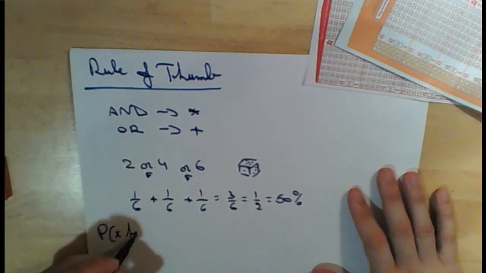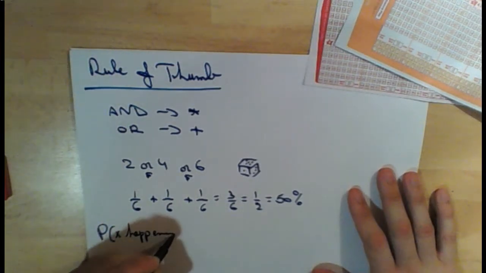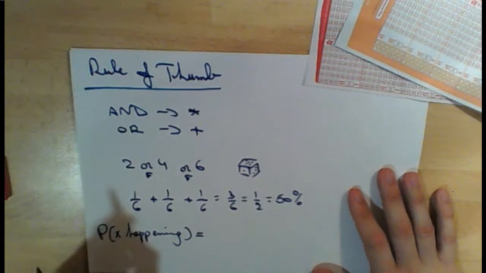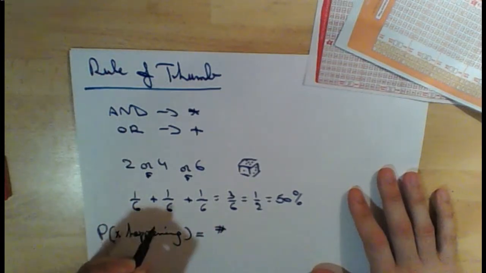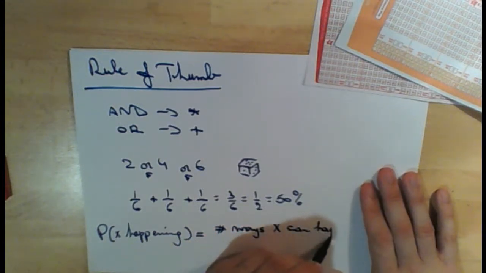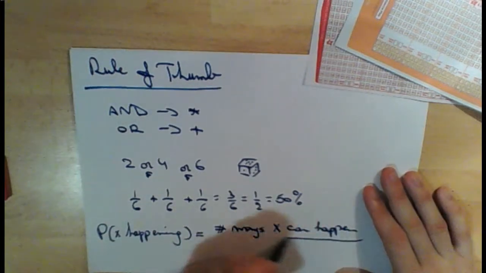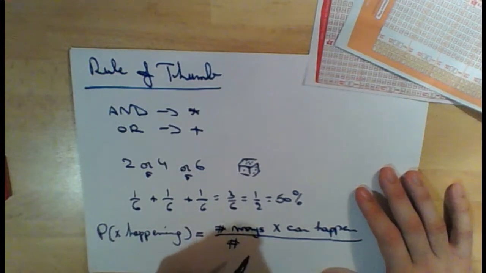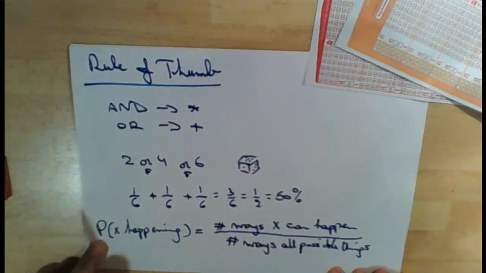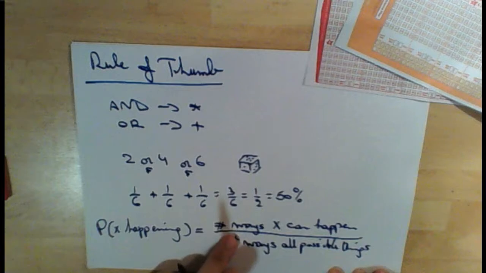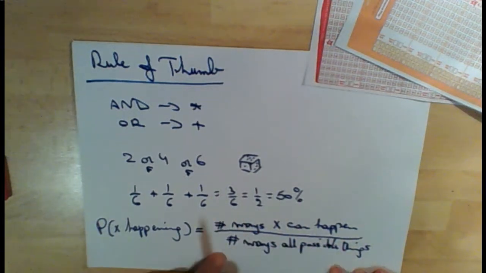So the probability of X happening, X being anything at all, it doesn't matter, this is a very general formula, is the number of ways X can happen over all the possible things that can happen.